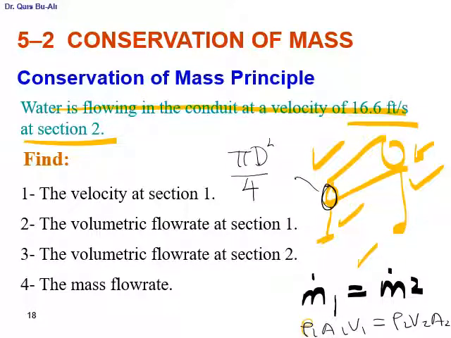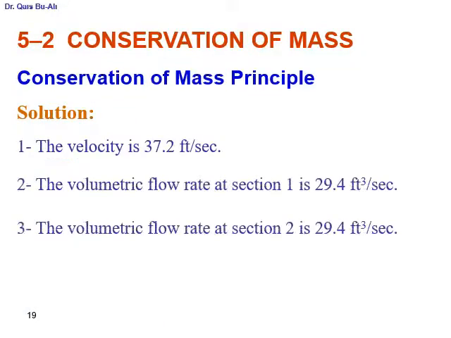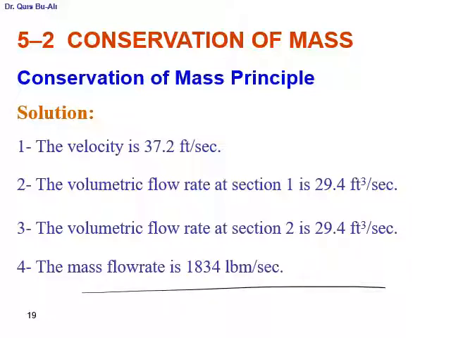Then you just solve for what is required, and hopefully you will get this solution. Please check if you can get it. This is an easy problem that you can start with in this chapter.